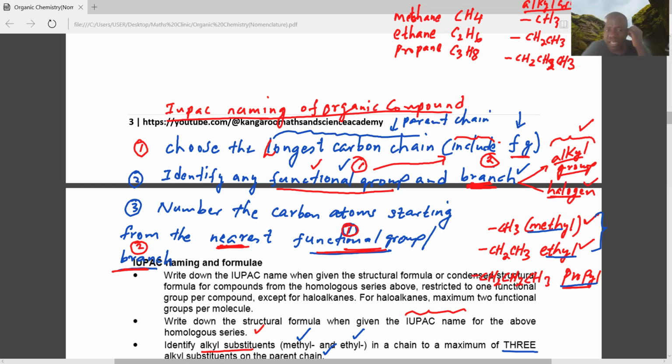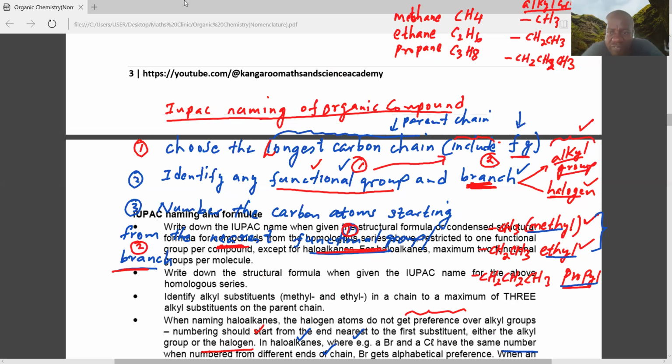Then, on the fourth part, there's something that I want to emphasize here. When you are naming this organic compound, this is something very important. It says when naming halo-alkanes, and this is very important, guys, the halogen atoms do not get preference over alkyl groups, particularly when you are dealing with halo-alkanes.